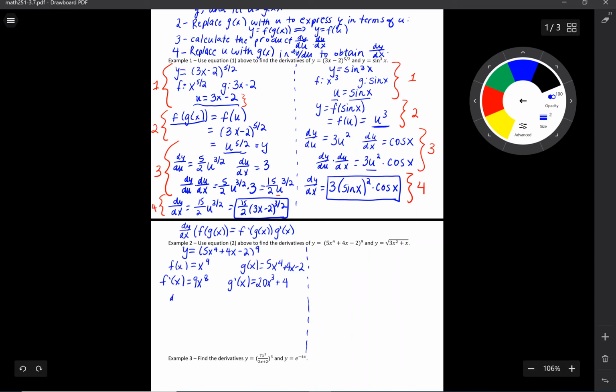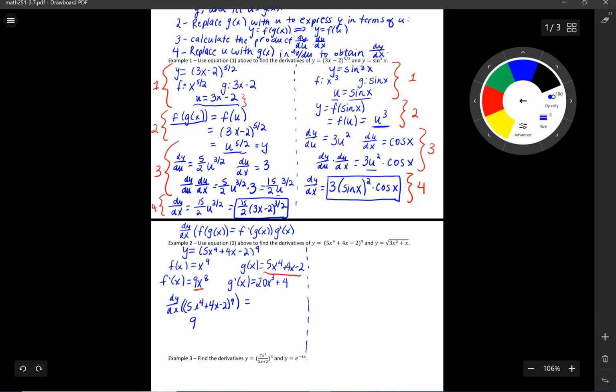So then dy/dx of (5x to the power of 4 plus 4x minus 2) to the power of 9 is f prime of g of x. So that means that I take my f prime, which is 9x to the power of 8, except since I'm not taking f prime of x, I'm taking f prime of g of x. I replace wherever I see an x with the function g of x.